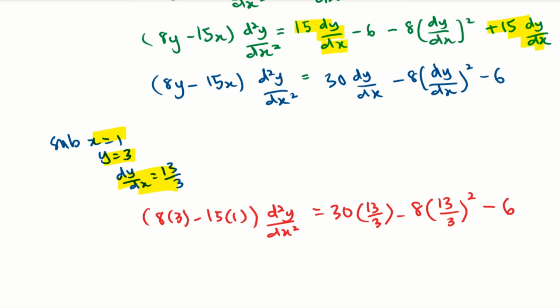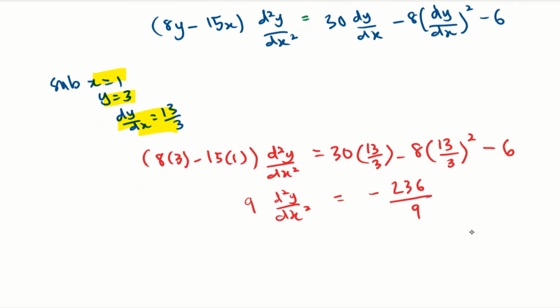So then you get 9 d2y over dx square equals to negative 236 over 9. So finally you get d2y over dx square equals to negative 236 over 81. So this is your value of second derivative of y with respect to x.